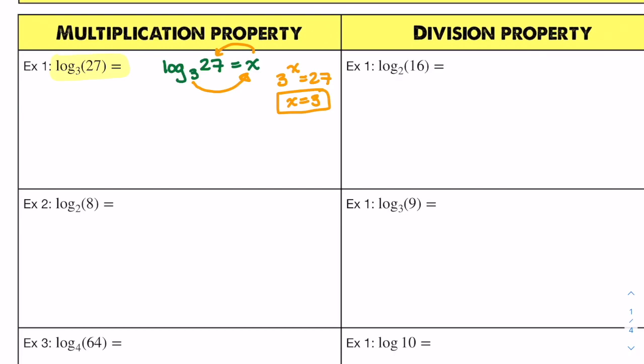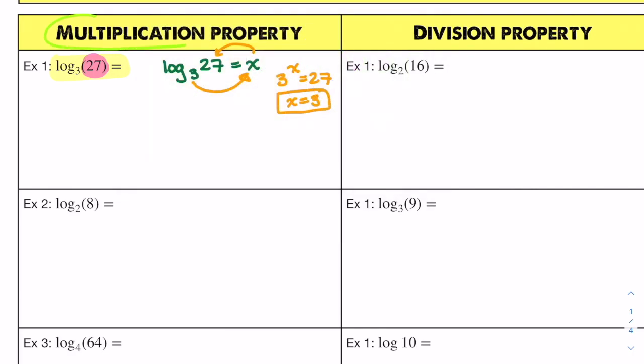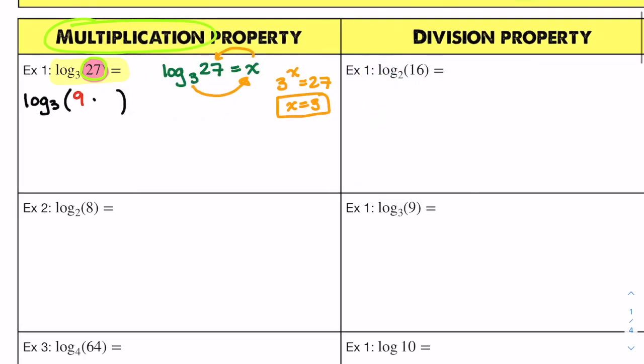What I want to bring to your attention is this 27. Right now it says 27, but since this is the multiplication rule, I want to see if we can express 27 as a multiplication. So I'm going to keep the same thing, log base 3, but inside of the parentheses, I want to express this as maybe 9 times 3, which is also 27.